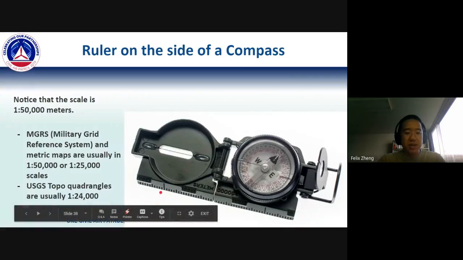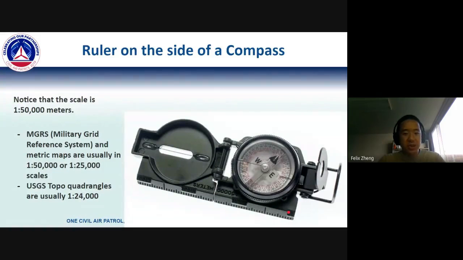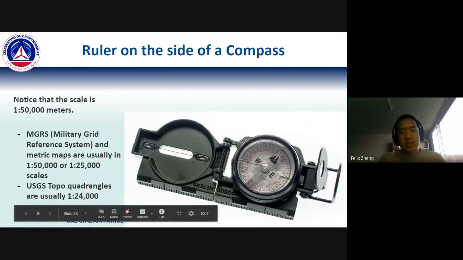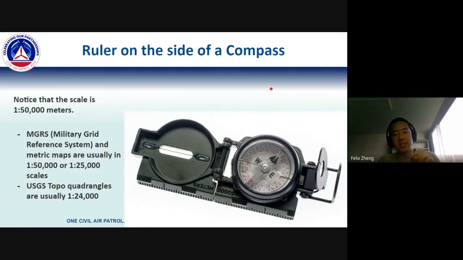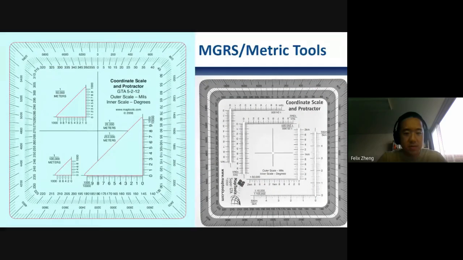So you can compare each tick mark on this compass to a ground distance that you know. You can't use this on the quadrangles because those are usually 1 to 24,000, at least you can't use it directly. You can still take the distance down and compare it to the scale on the bottom of the map, but you cannot use the little tick marks for directly measuring distance.